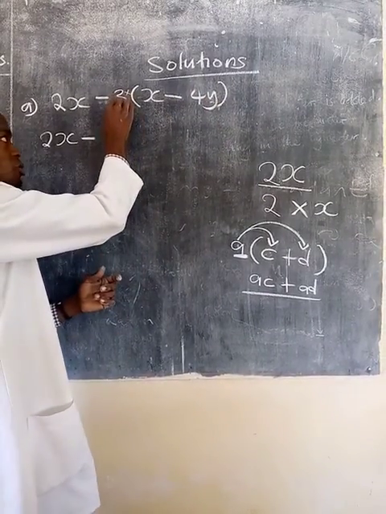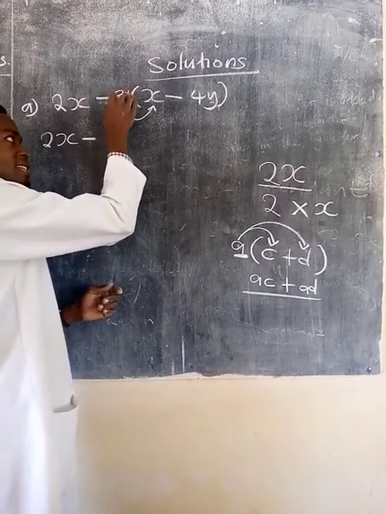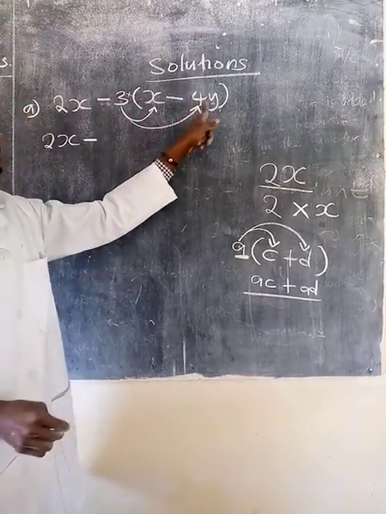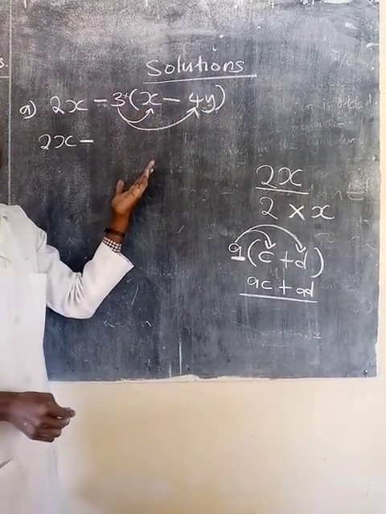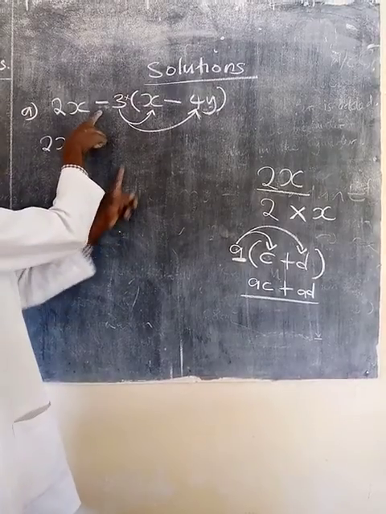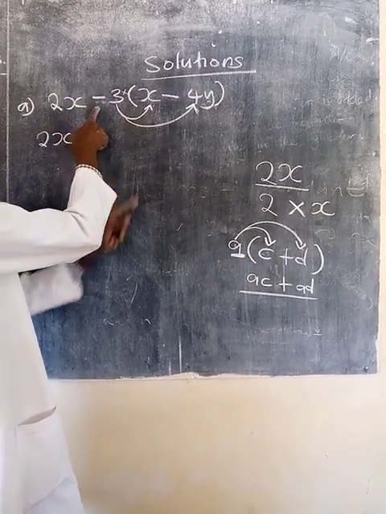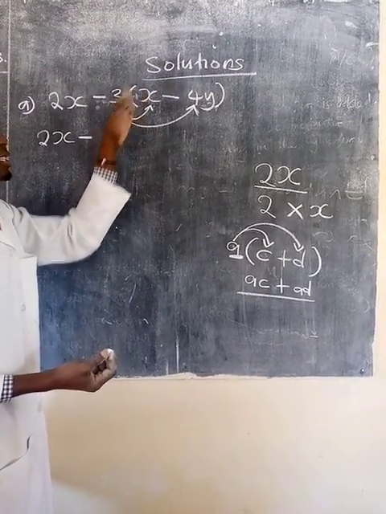So this is going to multiply with x. Then again, the same number is going to multiply with 4y. It's very important to understand the way you're supposed to open up these brackets. So we'll start. Negative 3 times x. There is a positive there, even if there is nothing, just know that this is a positive.